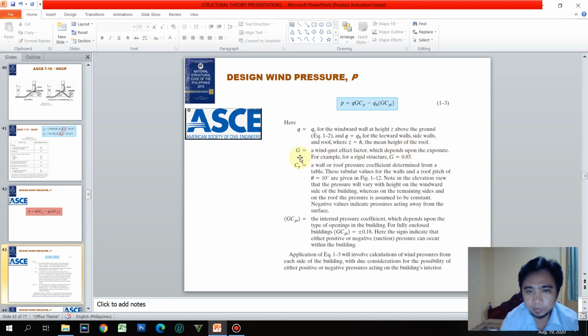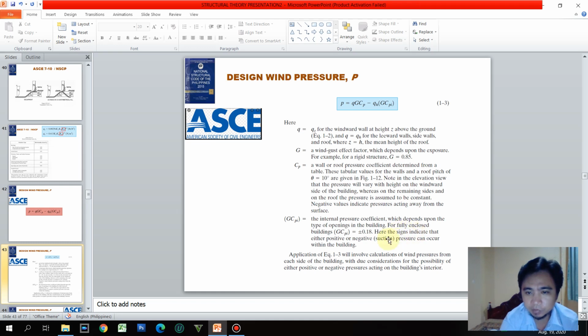And then we have G as the gust effect factor, Cp is the roof pressure coefficient determined from the table. Okay, GCpi, the internal pressure coefficient, which depends upon the type of openings in the building.